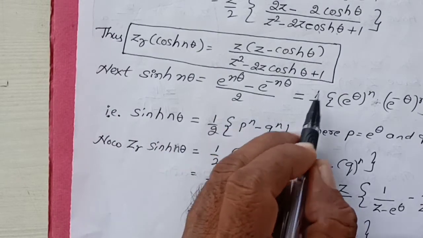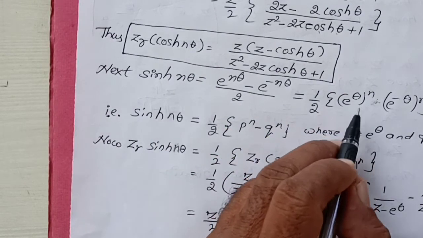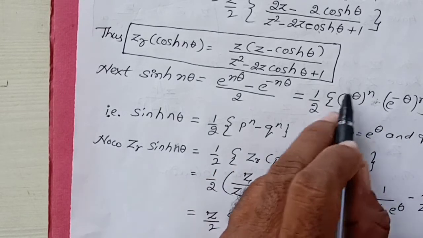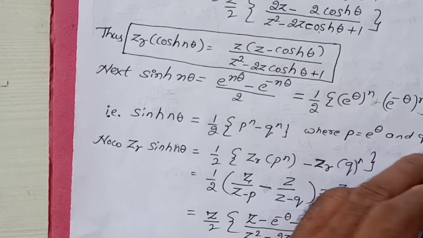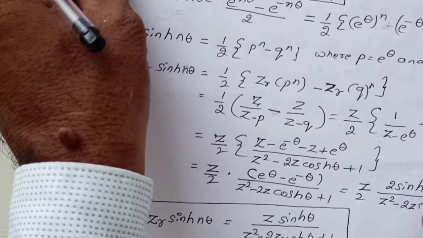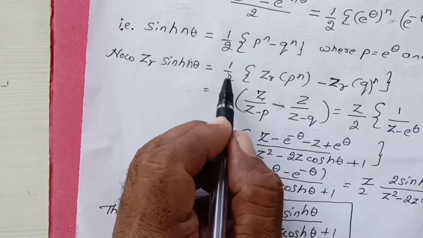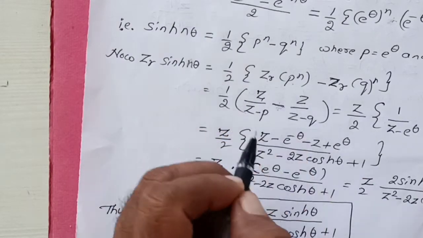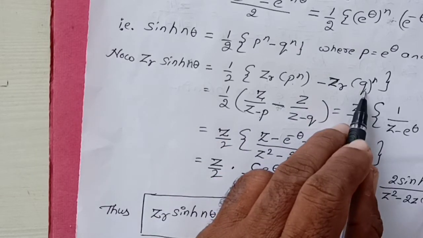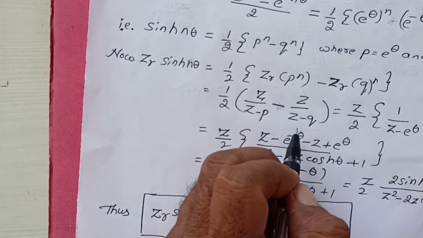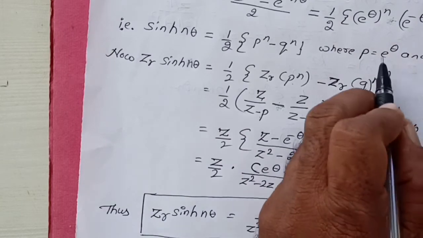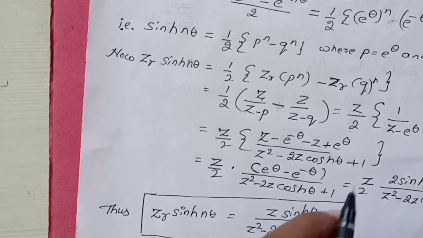Same line, it is equal to 1 upon 2; you take p equal to e raised to theta, q equal to e raised to minus theta. Then definitely you are going to get 1 upon 2 times the z transform of p raised to n, z upon z minus p, and the z transform of q raised to n is z upon z minus q, where q is e raised to minus theta and p is equal to e raised to theta.